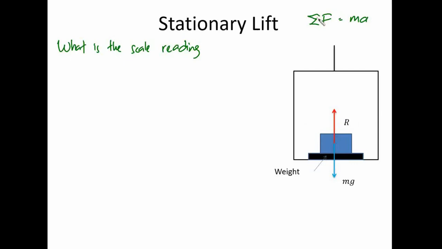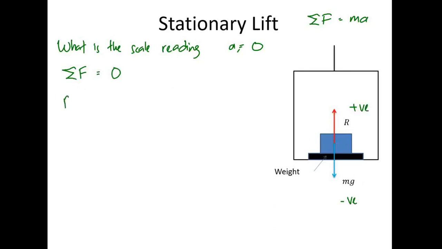Based on this formula, we know that the right hand side must be equal to 0 because the lift is stationary and our acceleration is equal to 0. So the sum of all forces must be equal to 0. And then we consider our weight, or mg, as negative and our R as positive.